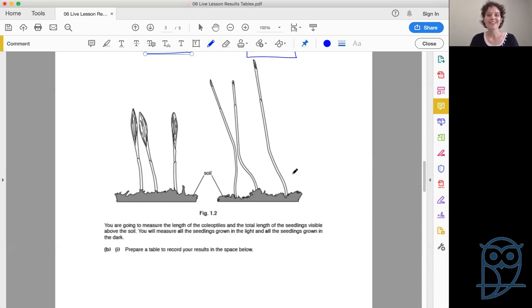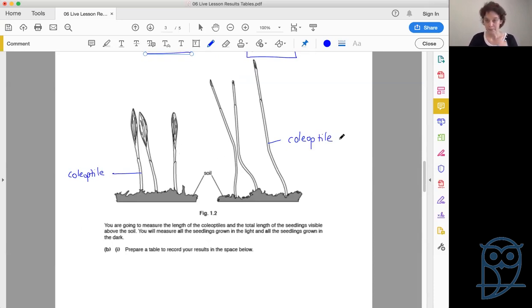Now don't freak out. The previous page in this question paper actually had a beautiful little diagram which showed you where a coleoptile was. Okay, and it is this piece here. Okay, so it's shorter on these ones in the light and longer on these ones in the dark.